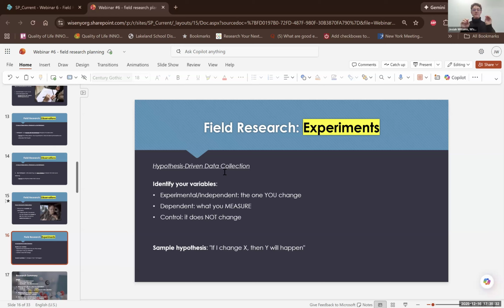Okay. So you have an experimental independent variable and you have a dependent variable. So the independent is what you're changing, it's the dial. You're like, let me turn it up and see what happens. Let me turn it down and see what happens. And the dependent is what happens.